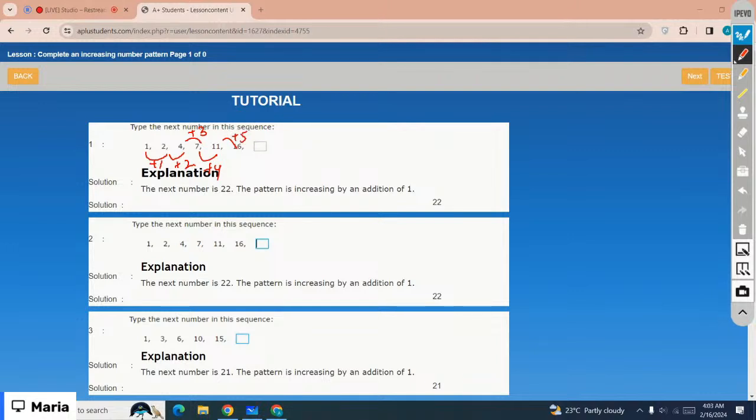That means the pattern is increasing by adding one more each time. For each next number, you add the next counting number to the previous number: 1, 2, 3, 4, 5.